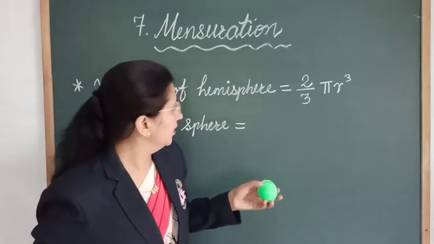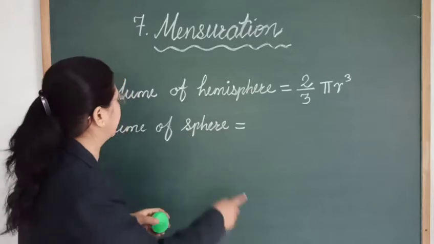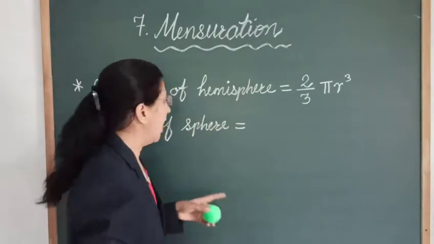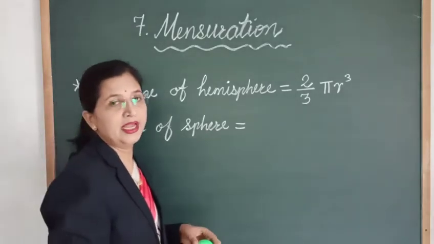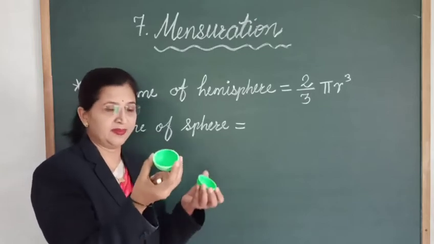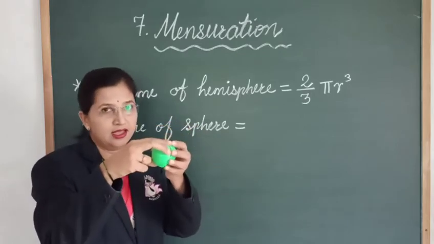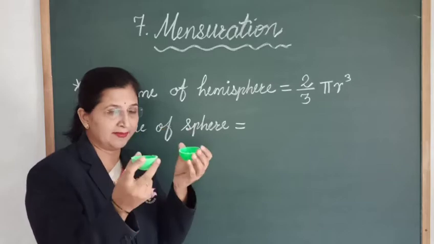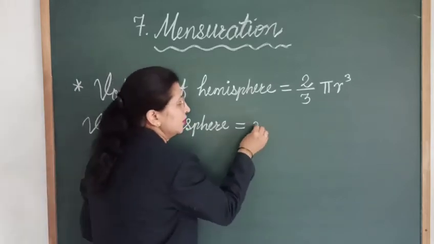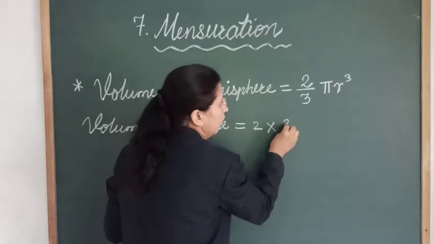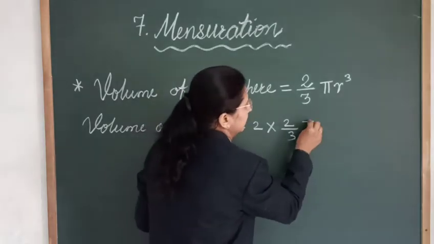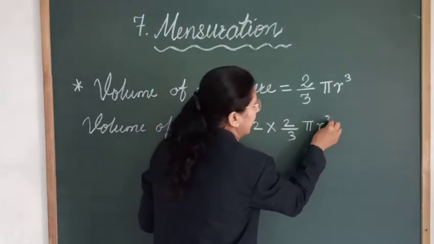And we have the formula for the volume of a hemisphere, that is 2 upon 3 pi r cube. To get the volume of a sphere, we have to take the hemisphere 2 times. So we'll say 2 multiplied by the volume of a hemisphere, that is 2 upon 3 pi r cube.